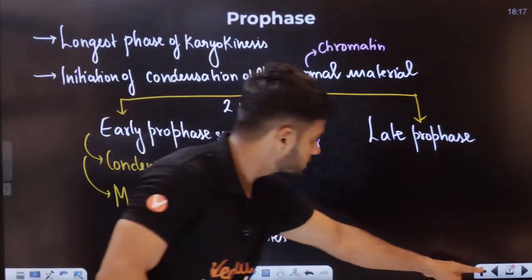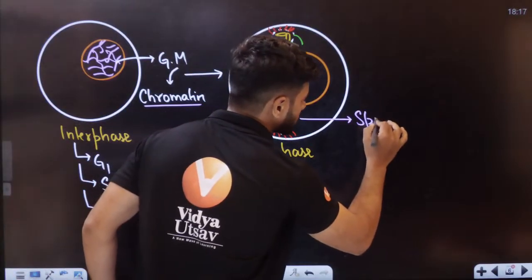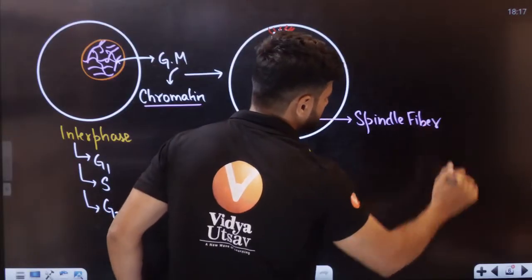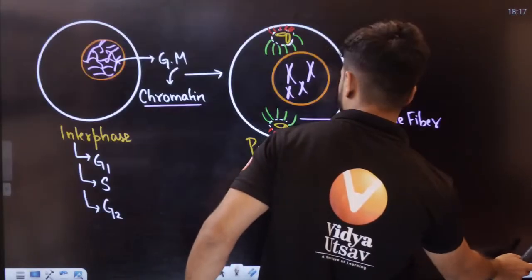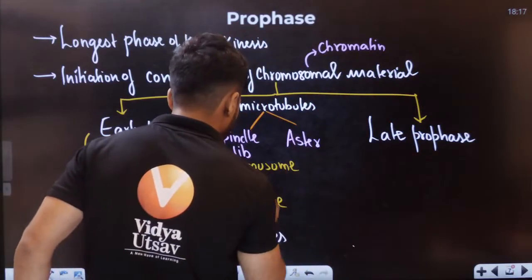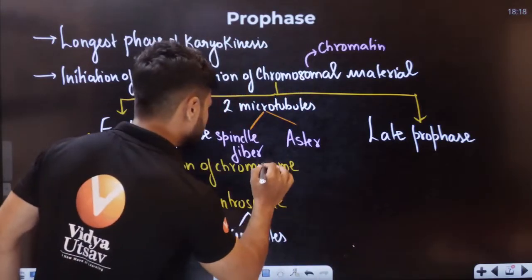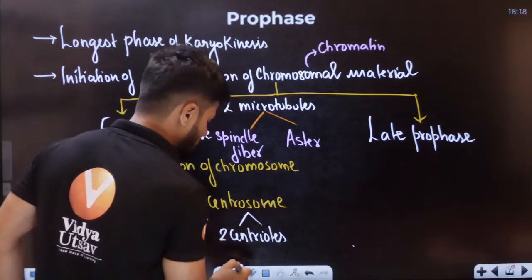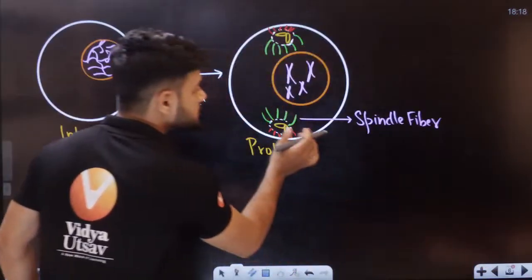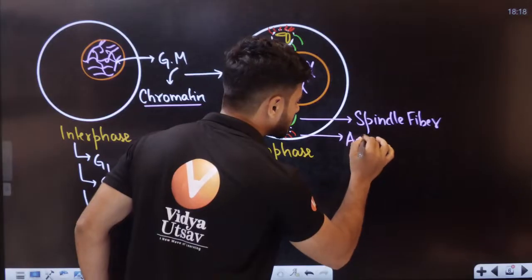Now, can all of you see here, students? Here we have the spindle fibers right here. Can you see? Spindle fiber. And this right here is called aster.